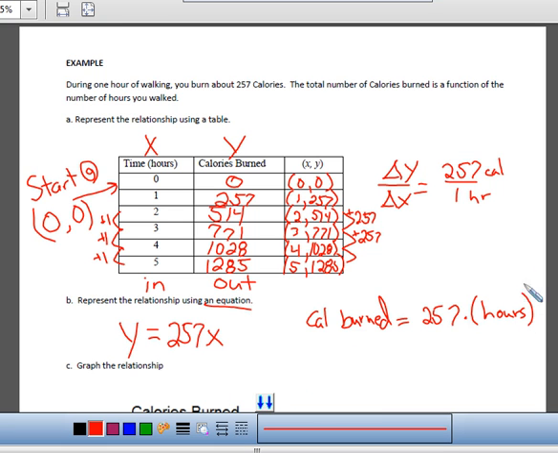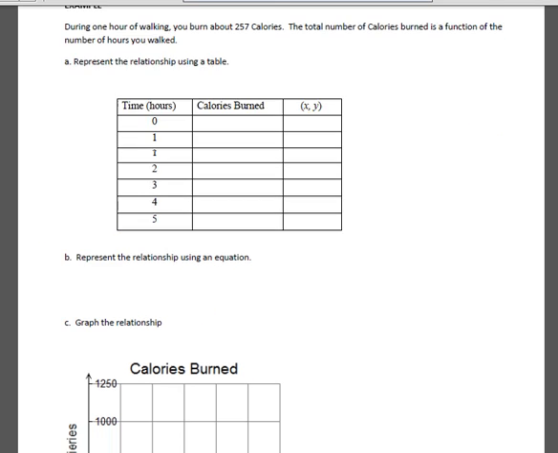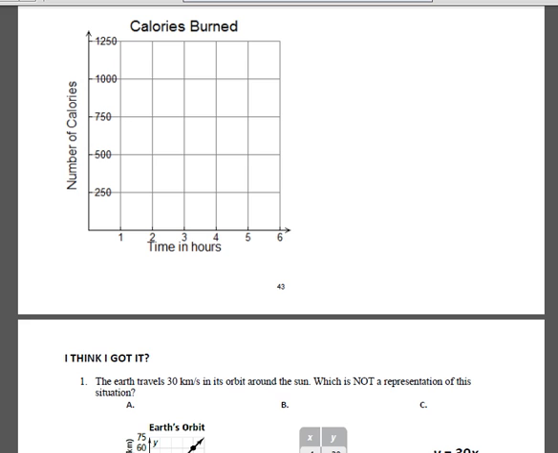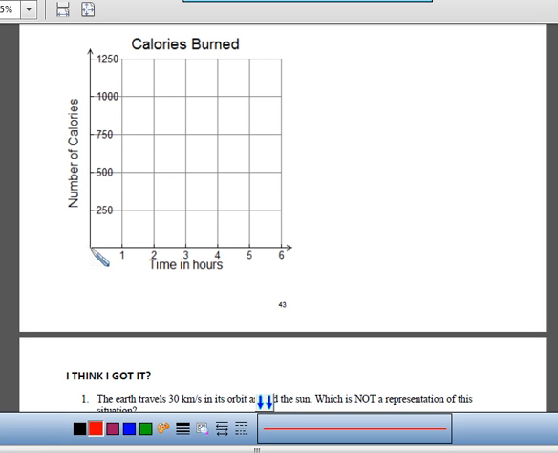Alright, so now we're going to graph the relationship, and we have all these coordinate points up above that we can put on our graph, and it's pretty simple. So it starts at 0, 0. First point is at 257, which means we're just maybe a hair above 250 on our graph.